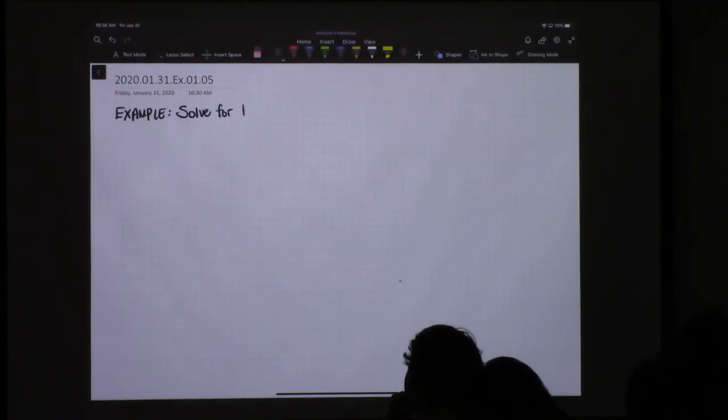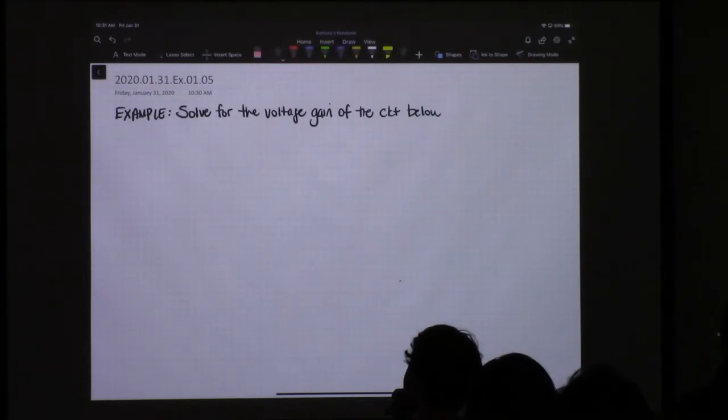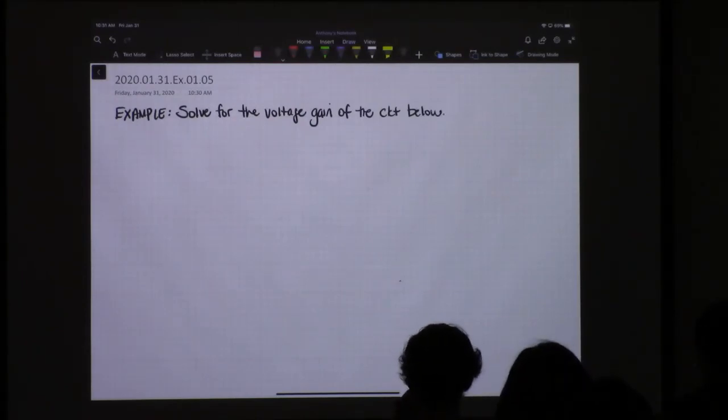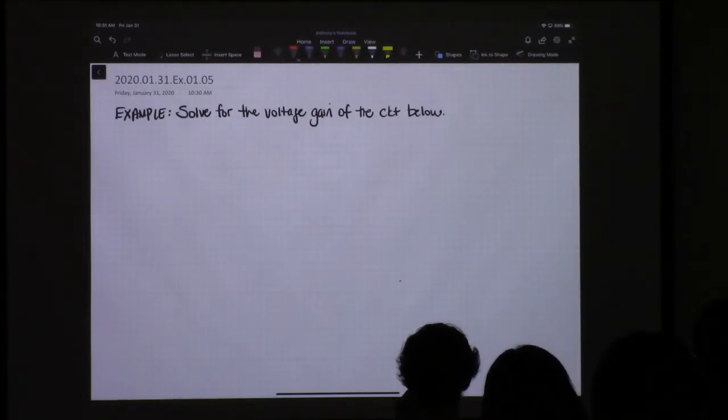So essentially we're just solving for the voltage gain of the circuit below. Okay. So the circuit looks like this. It's very similar to what we've seen so far. It just has this additional little capacitor added into it.